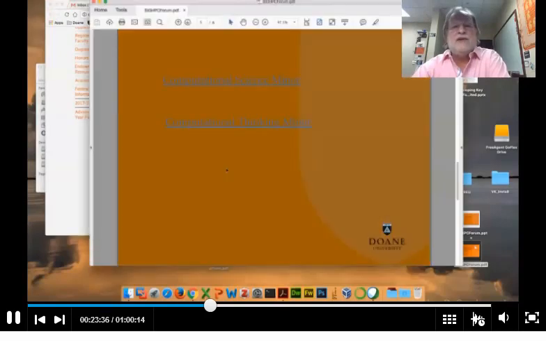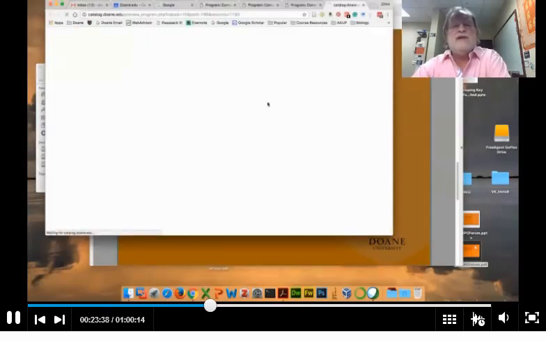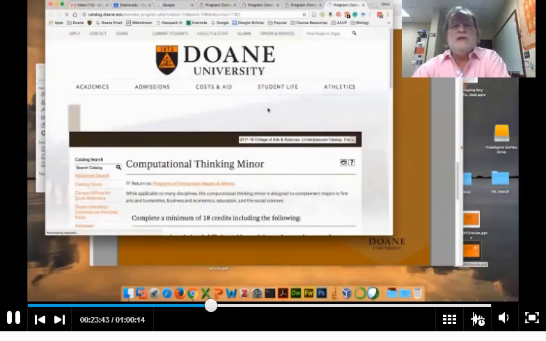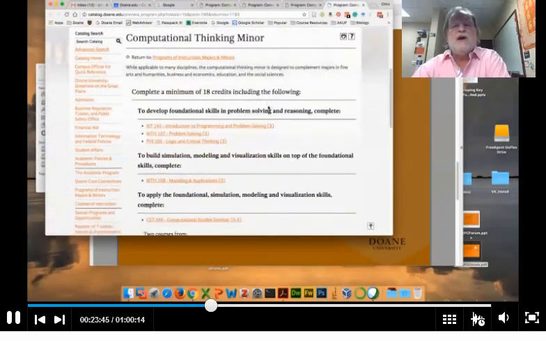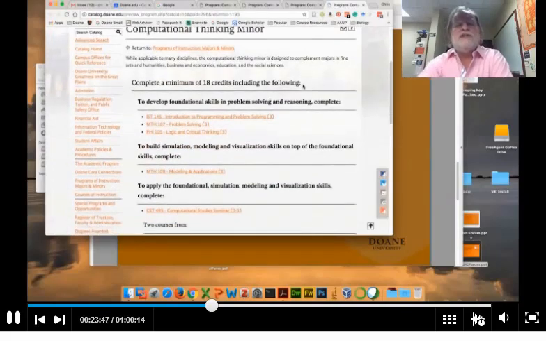Okay, so the other minor is the computational thinking minor, and this is really meant to focus on students in art, business. Most of our business students are not particularly quantitative oriented, and then also our social science majors.